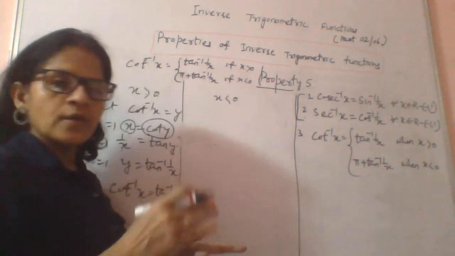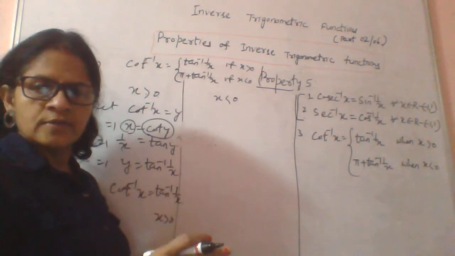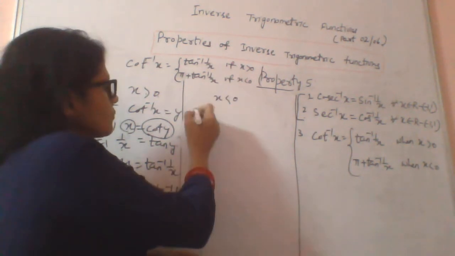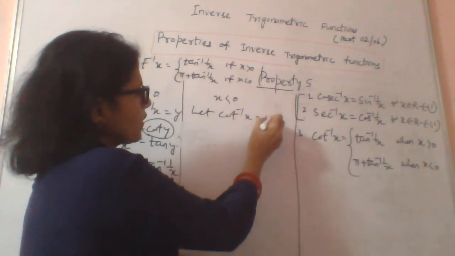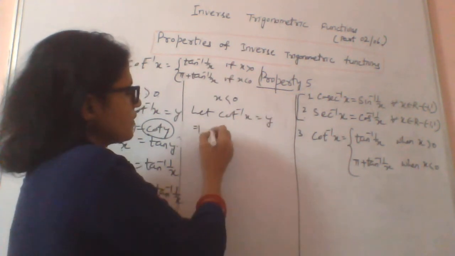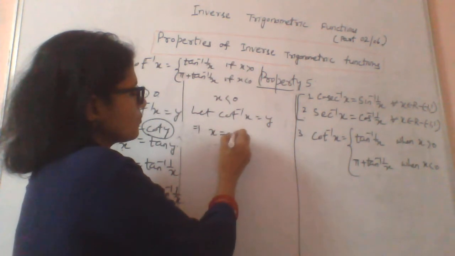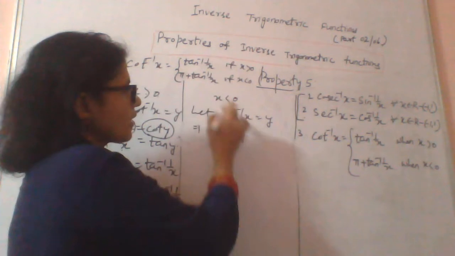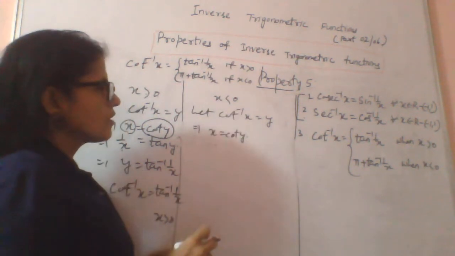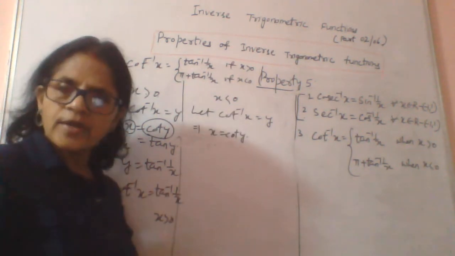So because we are not going to fourth quadrant, let cot inverse x equal y. This implies x equals cot y. Here you see, whenever x is negative, cot y is also negative.